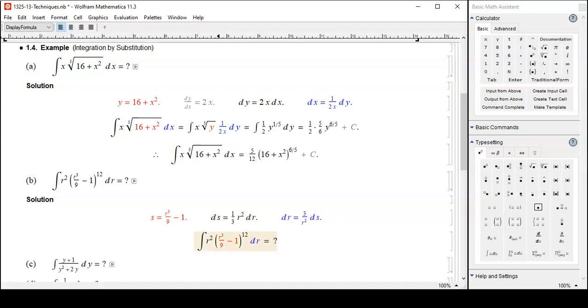Ready to simplify this integral? So this is integral of r squared times s to the 12th power times 3 over r squared ds.